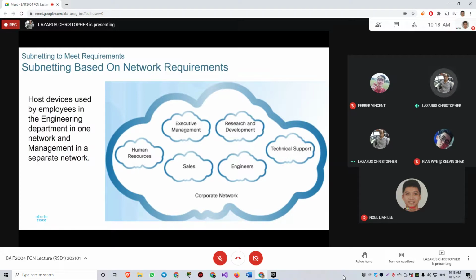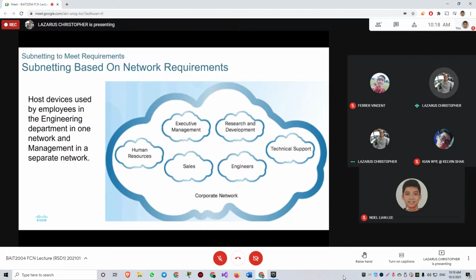Maybe in your required 5 subnets, 2 subnets may require a similar number of hosts, so they have the same prefix. Then the other 3 subnets may have different prefixes because the requirement for each subnet is a different number of hosts.